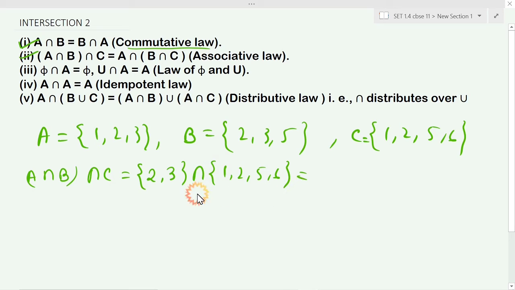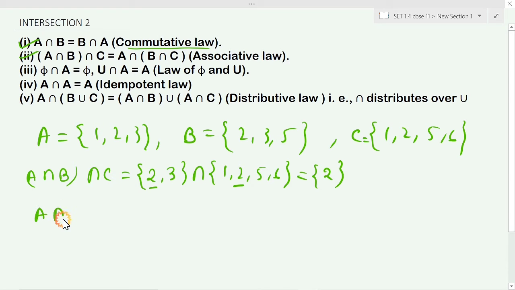Now for the intersection of these two sets we write the common elements. There is only one common element between these two sets, that is 2. So (A intersection B) intersection C equals 2.